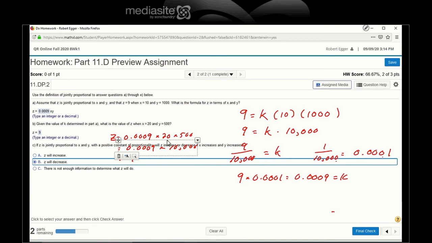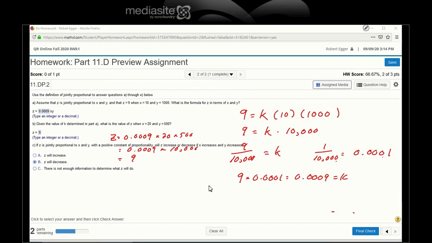Let's put this a little bit so I can read it better. Okay, if z is jointly proportional to x and y with a positive constant of proportionality, will z increase or decrease if x increases and y increases? So again, z equals kxy. What would z do if x goes up and y goes up? Z would have to go up too.